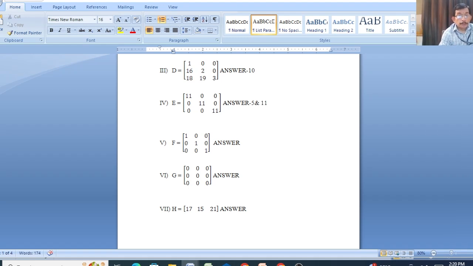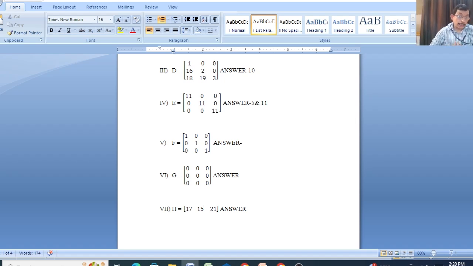Next one is a square matrix. The main diagonal elements are 1, 1, 1, equal, and the non-diagonal elements are 0. Then which type of matrix? This is a diagonal matrix, scalar matrix, and identity matrix.